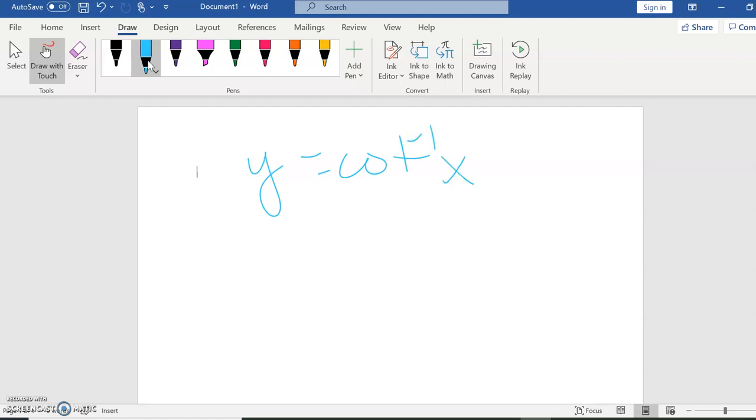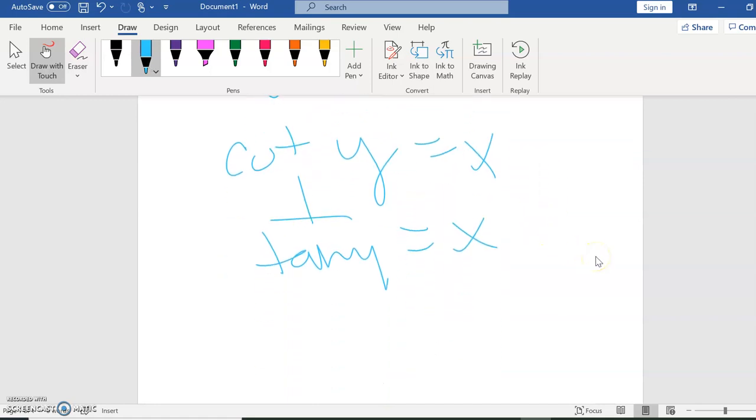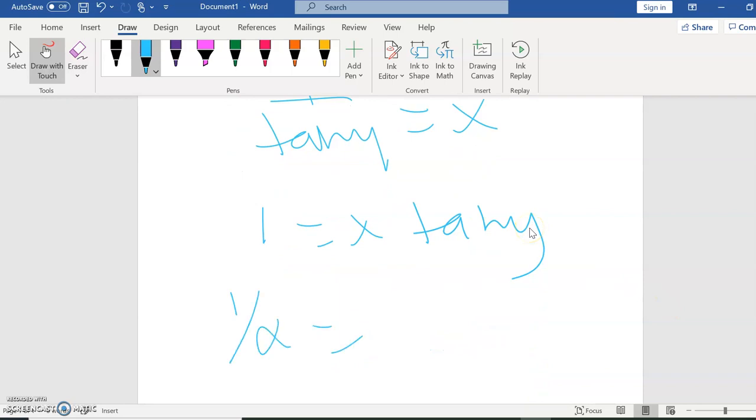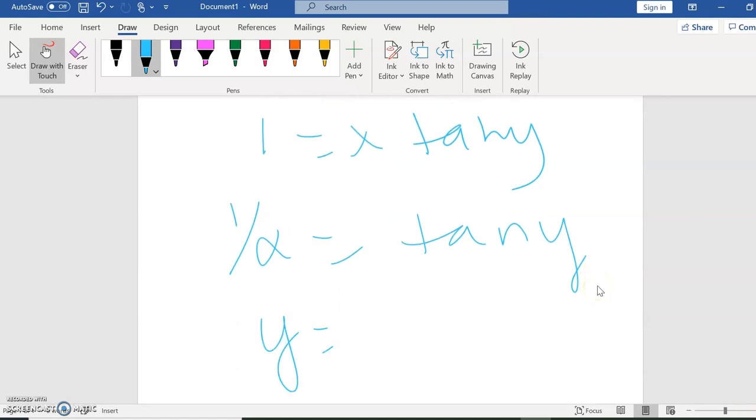So this here is the same as cotangent of y equals x, and then 1 over tangent y equals x. Now you can at this point realize that these flip-flop, or you can solve. This is 1 equals x tangent y, so then 1 over x equals tangent y, so then y equals the arc tan of 1 over x.